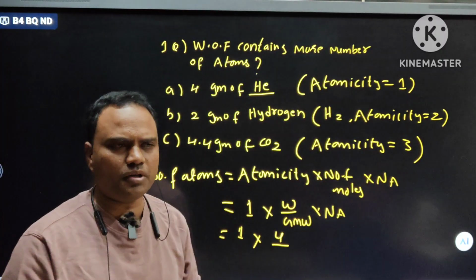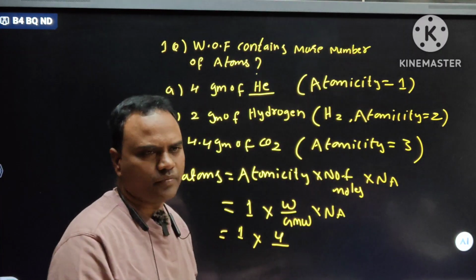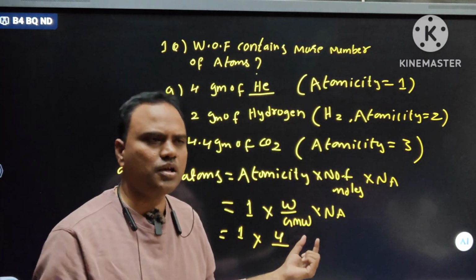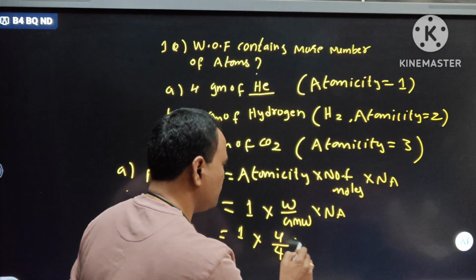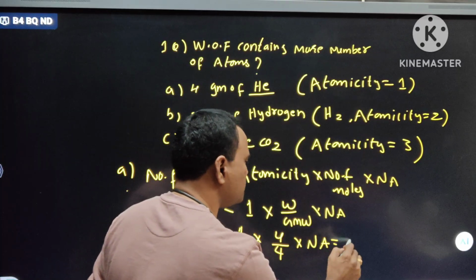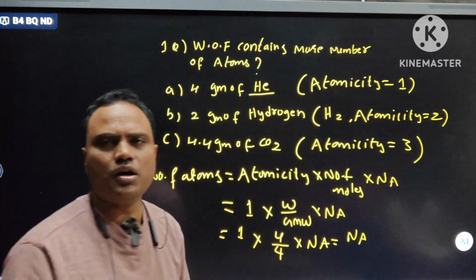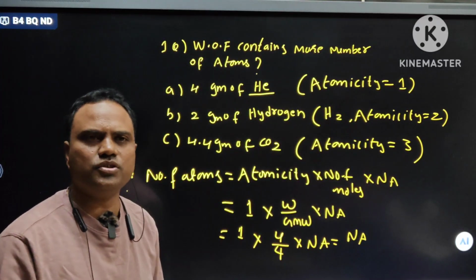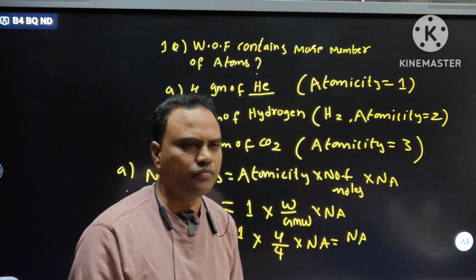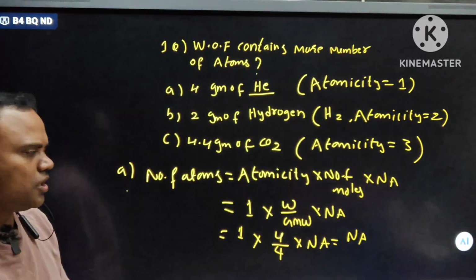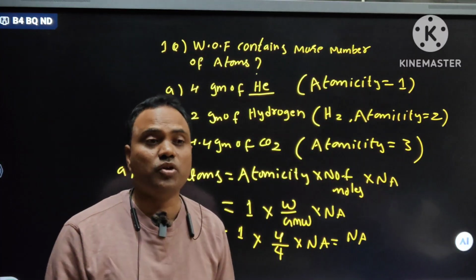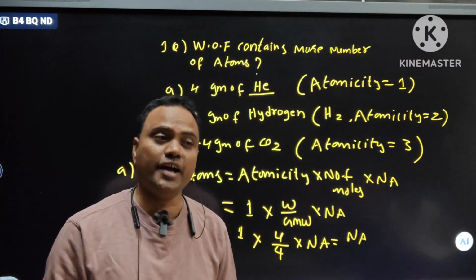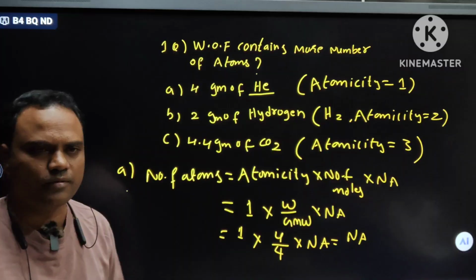In case of monoatomic, we can consider gram atomic weight. So 4 by 4 into Avogadro number. Avogadro number value is 6.023 into 10 to the power of 23. So 1 Na. For the first option, Na atoms are present.